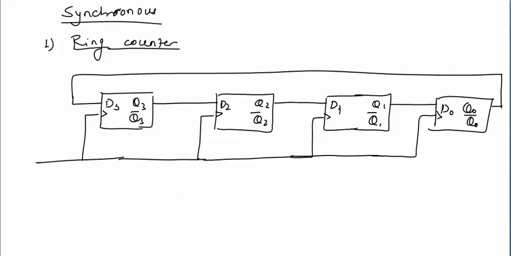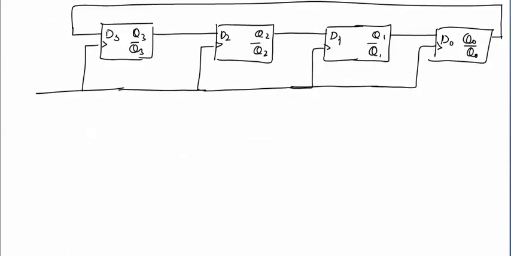We'll start the operation. We'll write its truth table: Q3, Q2, Q1, Q0, and this is clock.